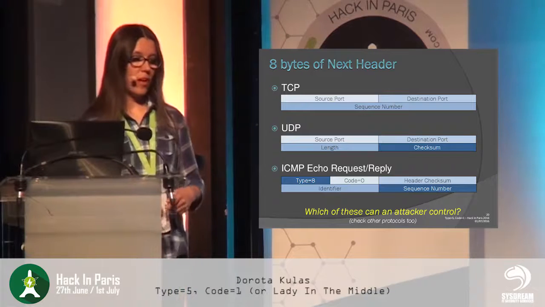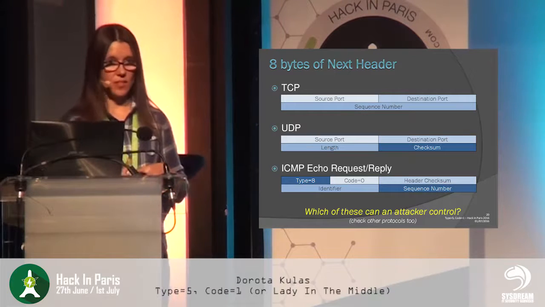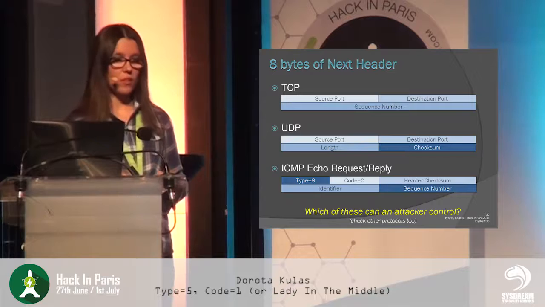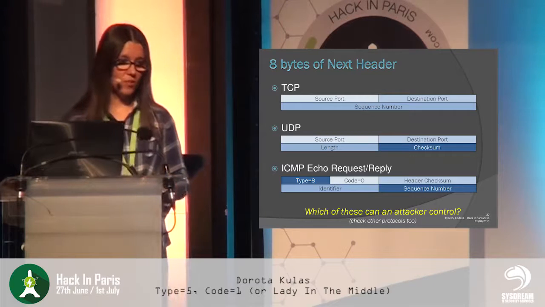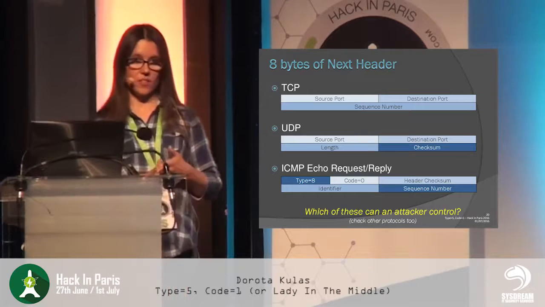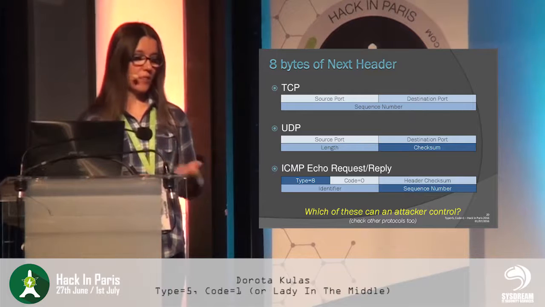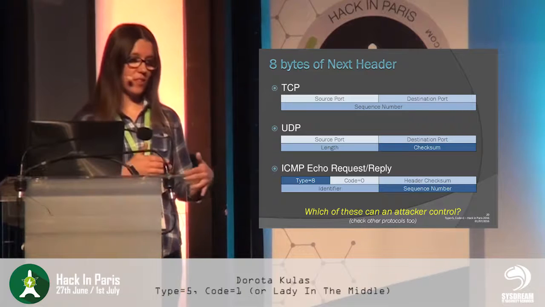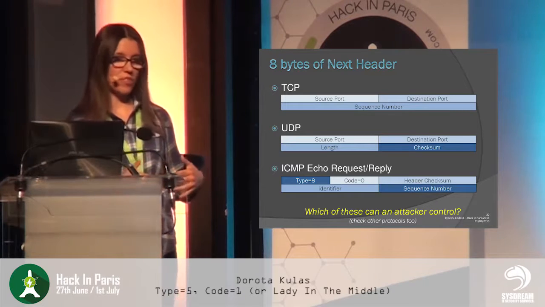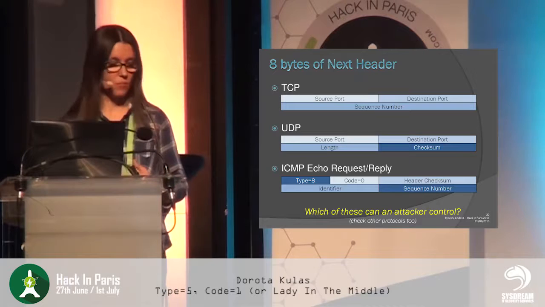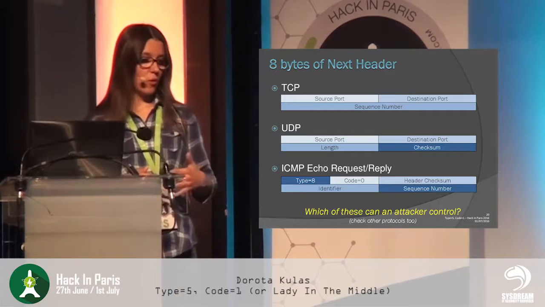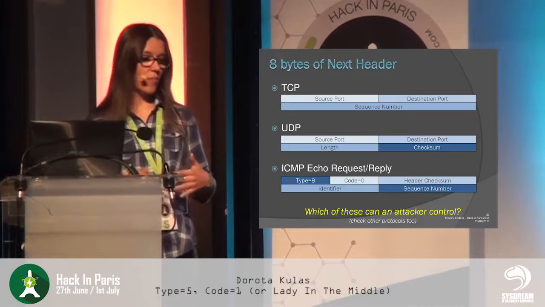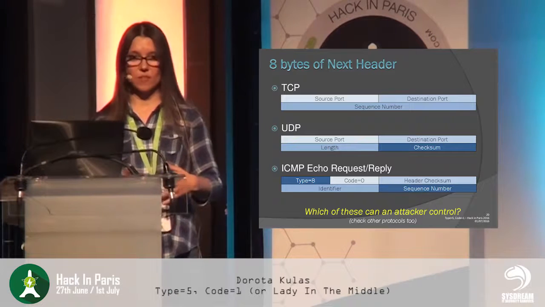For TCP, we would have to know source and destination port and sequence number. For UDP, we would have to know source and destination port, length, and checksum. And for ICMP, I chose echo request and reply, which is a bit different than all other ICMP messages. We would have to know type, code, header checksum, identifier, and sequence number.